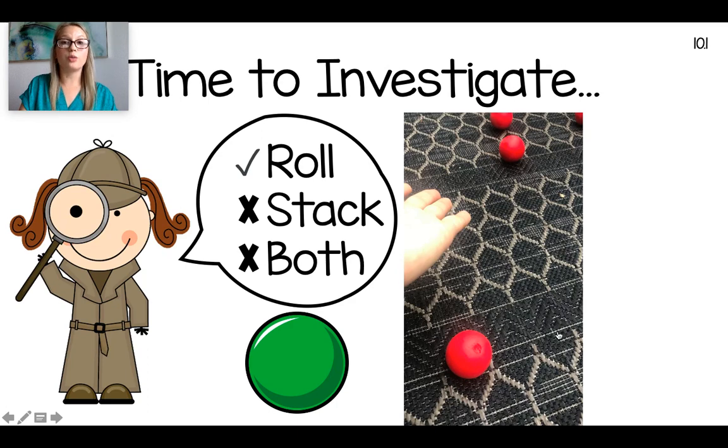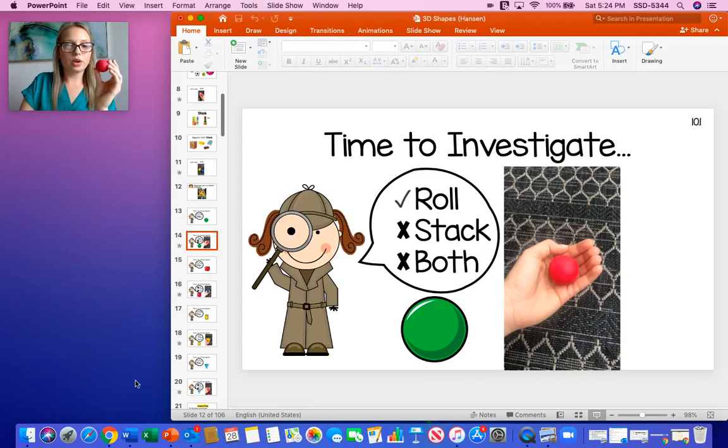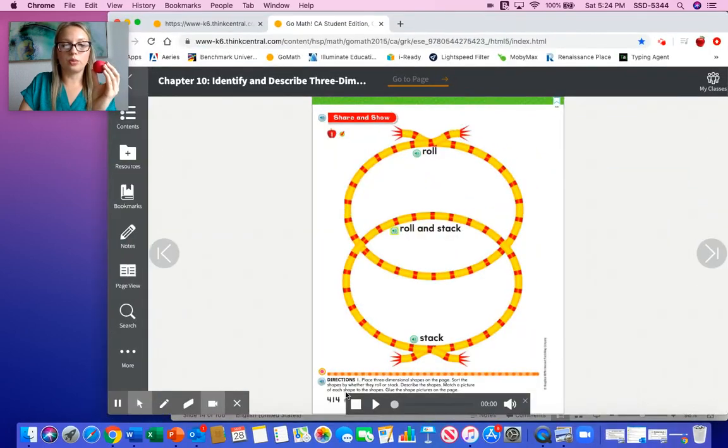It can only roll. So we are going to draw our sphere in the roll section. So take your pencil. Let's draw the ball in the roll section. This is our ball or our sphere. We draw a little curved line to make it look 3D so it looks like it's real life.